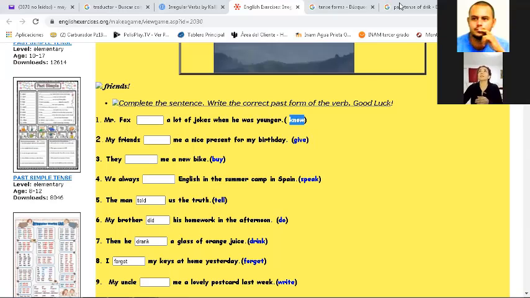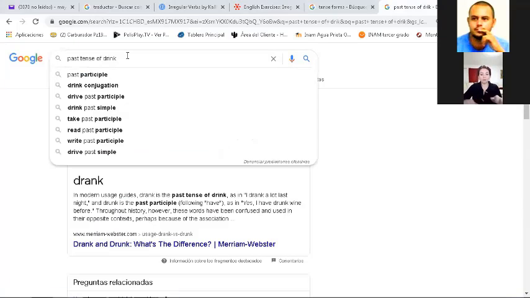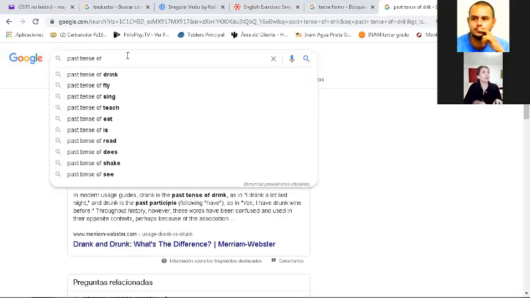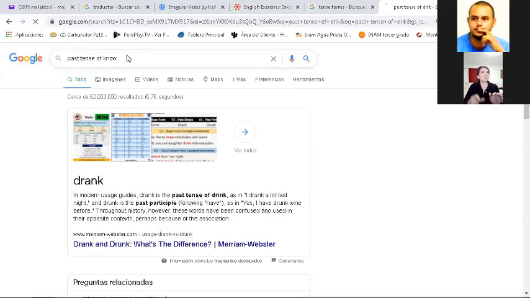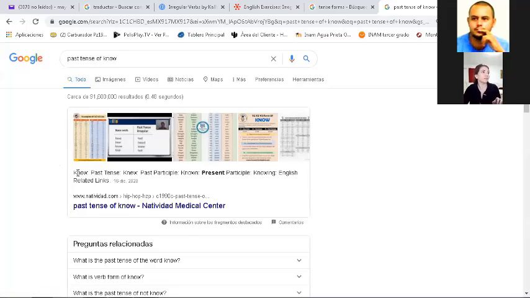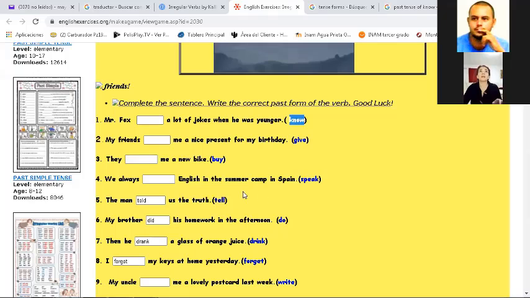We're going to find the past tense of the verb know. Okay, here we have it. Know, past tense is knew. You see? So I'm going to write it down here. Knew.